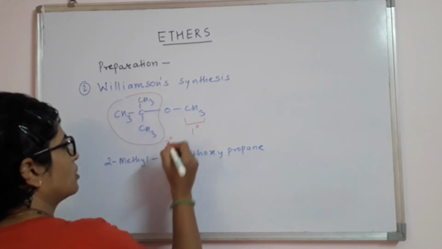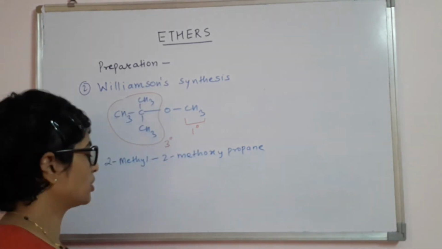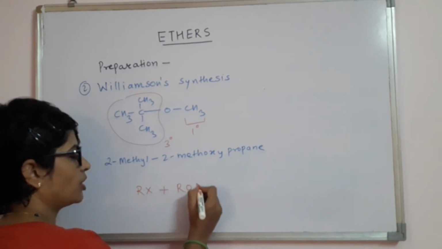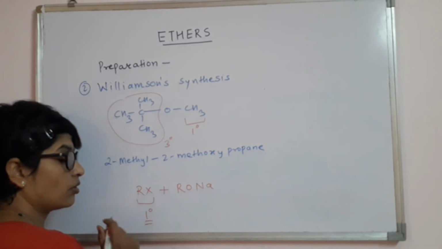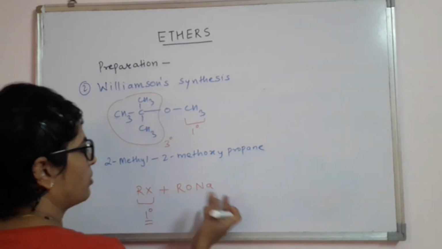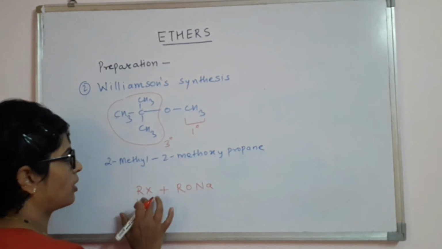Unsymmetrical means we are going to use Williamson's synthesis of ethers. In Williamson's, the combination is RX plus RONa. RX should always be primary, and the alkoxide can be tertiary, primary or secondary.